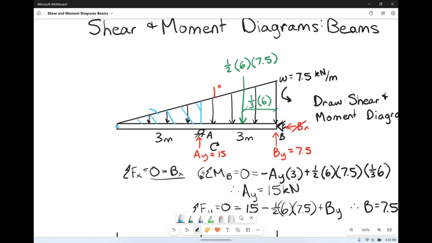In order to find this area, we need this height, and we're going to use some similar triangles. If the total distance is 6 horizontally, and that gives a height of 7.5, then if the distance is 3, half of 7.5 is going to be our height there. So this area, area 1, is equal to 1/2 the base of 3, the height of 1/2 of 7.5. That's going to give us an area of 5.63.